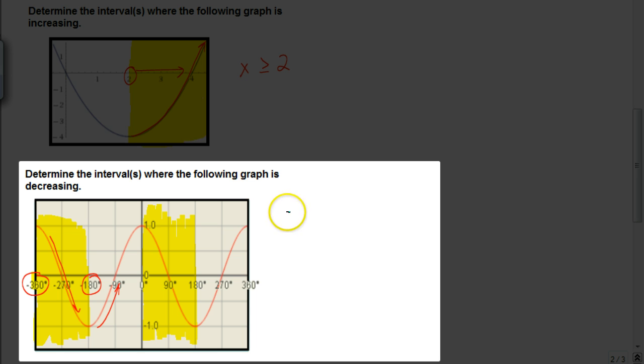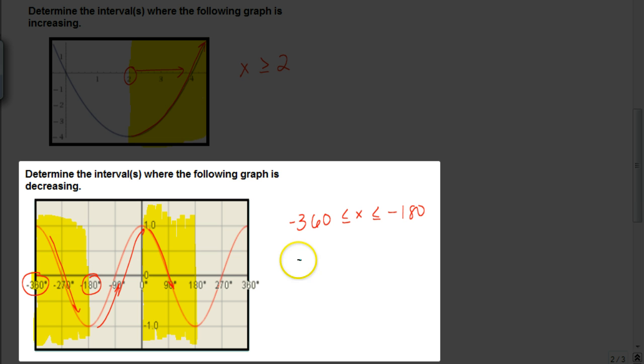And so we would identify that first interval like this. We would say that negative 360 is less than or equal to x, which is less than or equal to negative 180. Now that next interval, because as soon as this graph reaches up here where the y value is 1 and where x is 0, it's going to decrease again until x reaches 180 degrees.